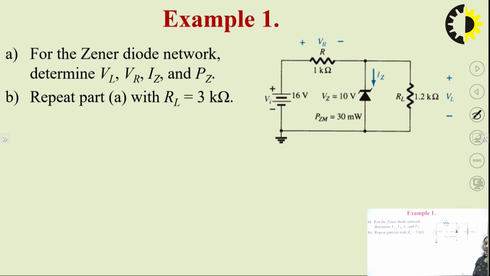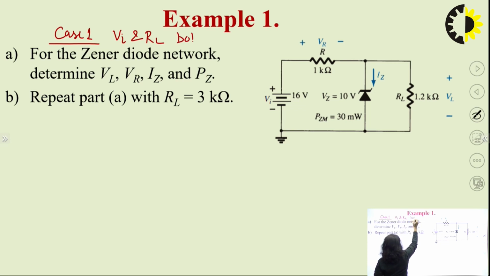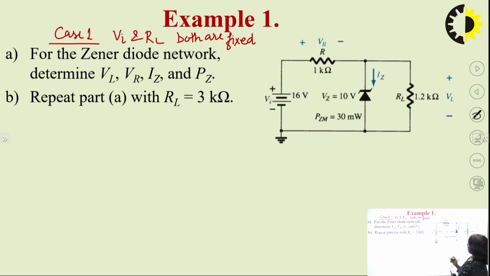So this is the first example, case 1, where Vi and RL both are fixed. First of all, in this particular network, what is given?